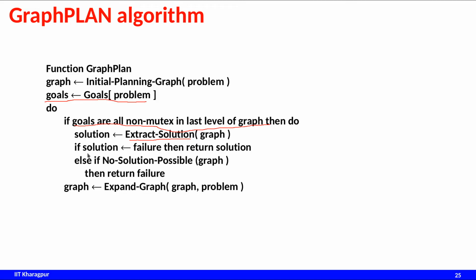If we obtain a solution, we return it, and if no solution is possible, we return failure on the graph. Otherwise we expand the graph and repeat the same steps.